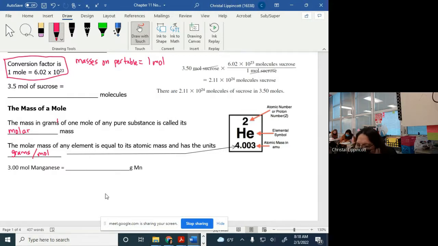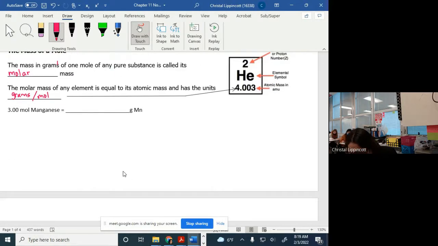So find manganese on your periodic table. We round to the tenths place. So manganese is what? 54.9.